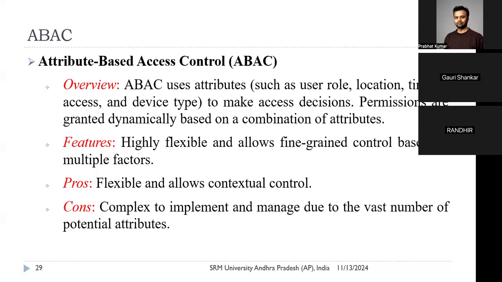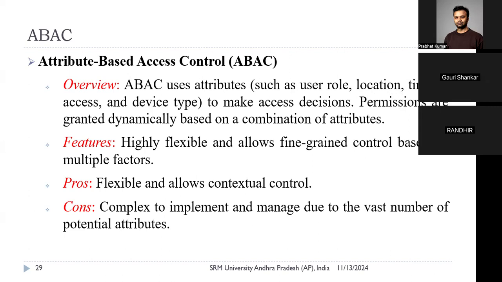Suppose one doctor is accessing data in the role of doctor from a location inside the hospital, so he can access the information of the patient. The moment he goes away from the hospital and tries to access from home, it should not be permitted. So location will be one factor, time will be another factor, what type of network he is using, what kind of IP address he is using. This is general, I'm telling, but these things can be used in other ways of access control permission.